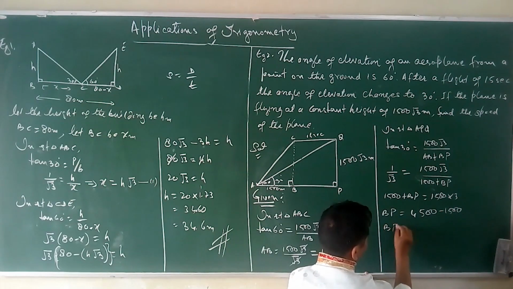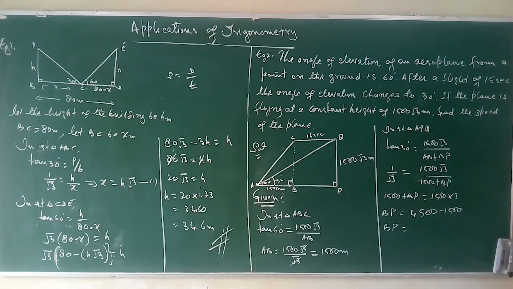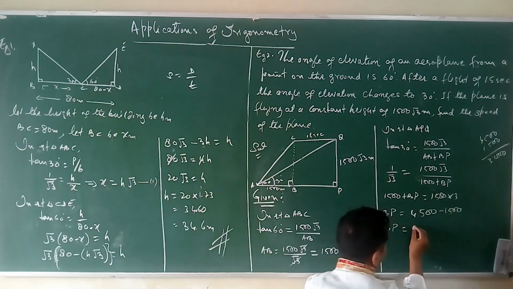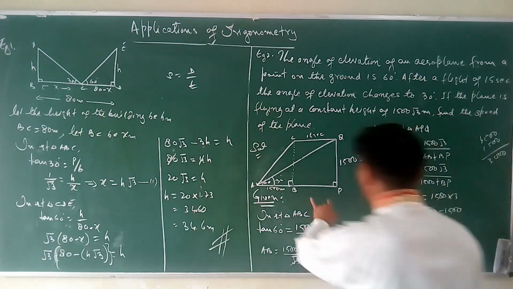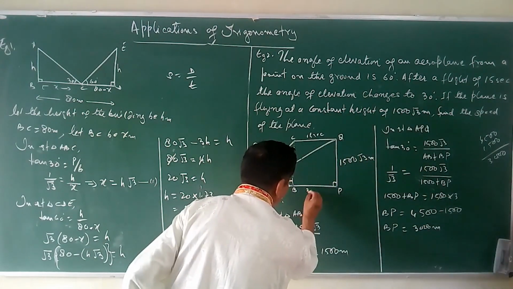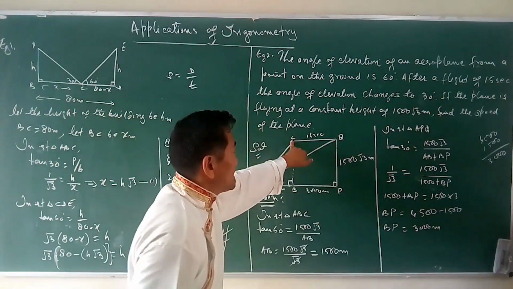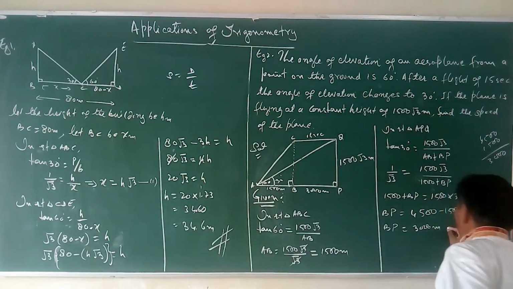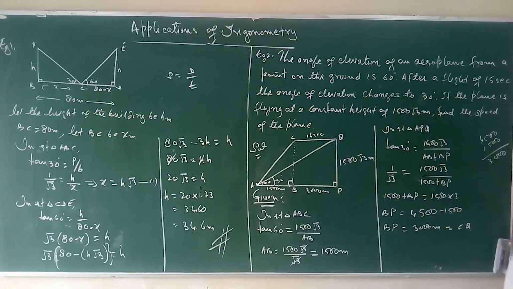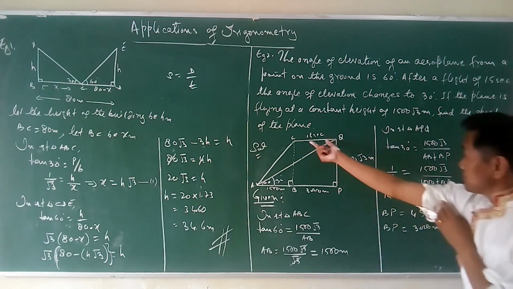So BP is equal to 4,500 minus 1,500, which is 3,000 meters. This distance is also equal to CQ, which is 3,000 meters.